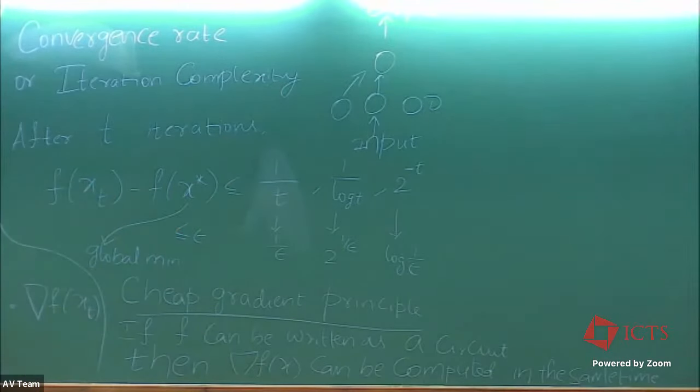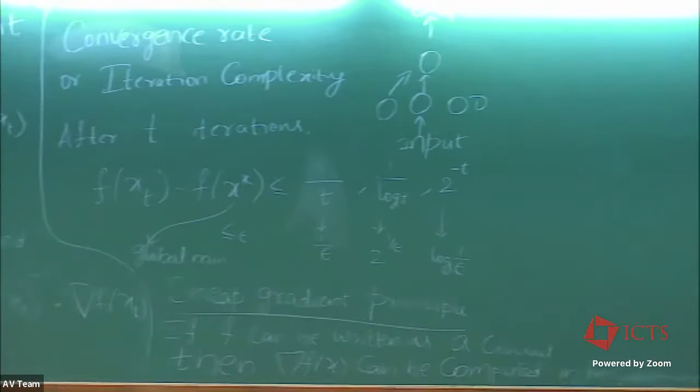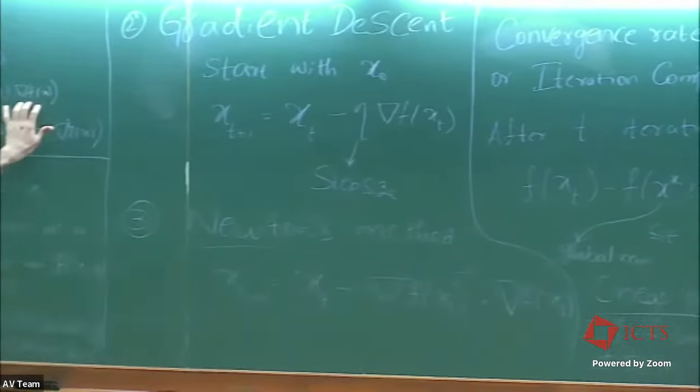So in that sense, there is not much difference in the time it takes to implement both the 0th order oracle as well as the first order oracle. And in that sense, we are getting this gradient information for free.